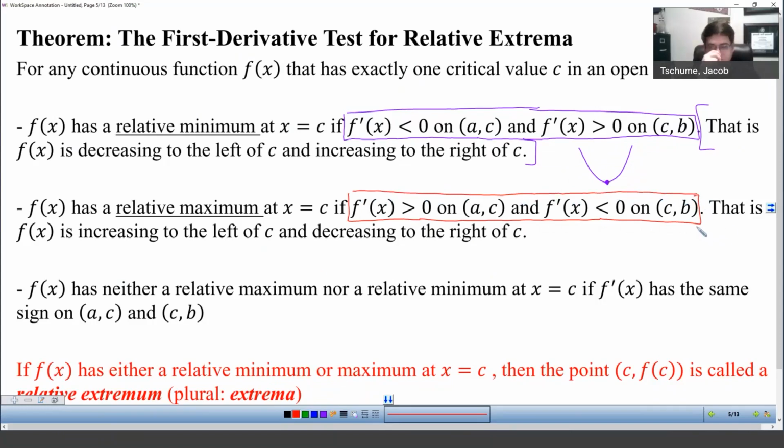Or in more layman's terms, if f of x is increasing to the left of C and decreasing to the right of C. So if you're going up and then you decrease, that point in which it switches is considered your relative maximum. Decreasing to increasing is a relative minimum. Increasing to decreasing would be a relative maximum.